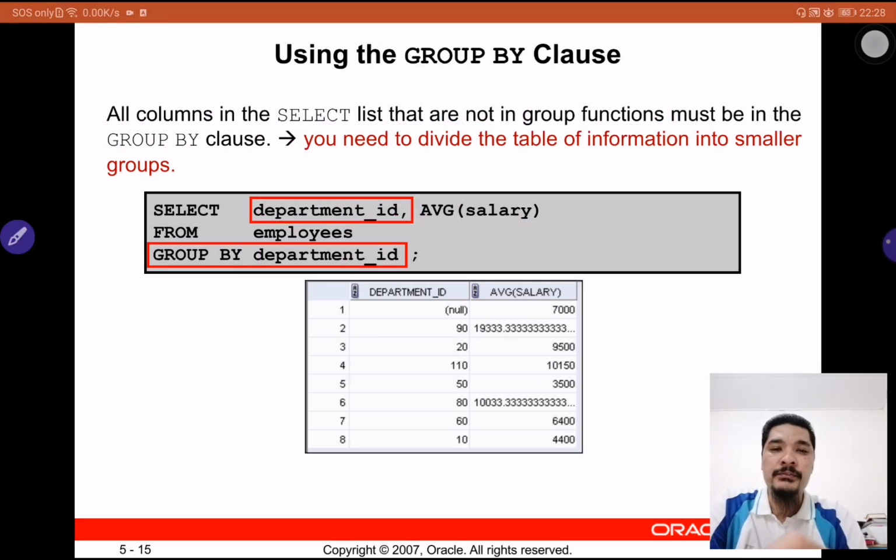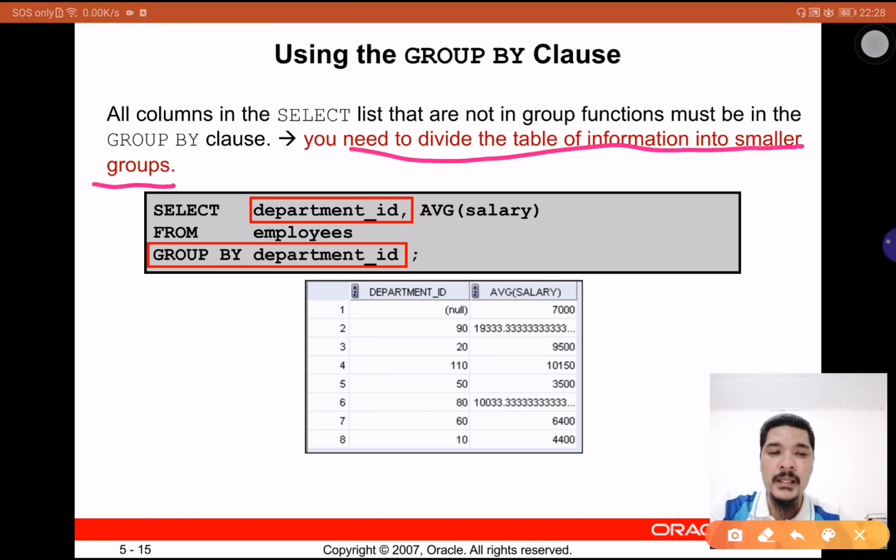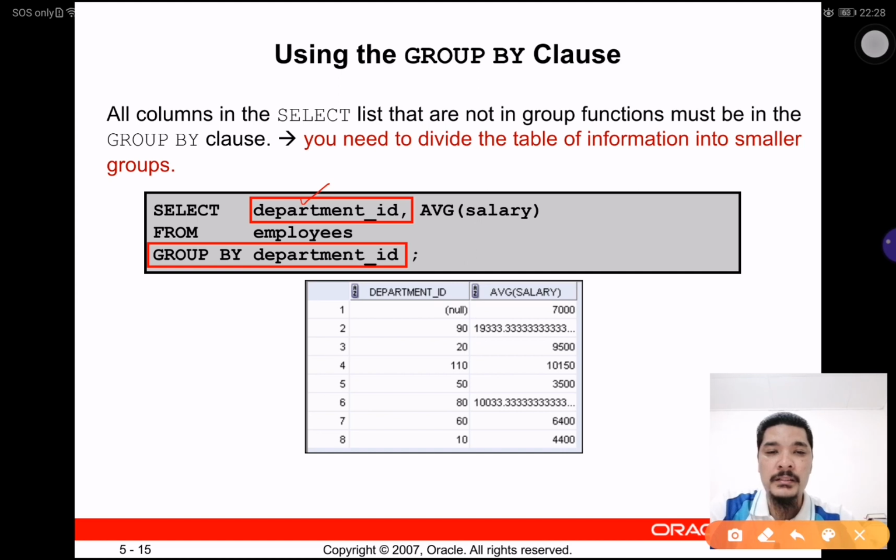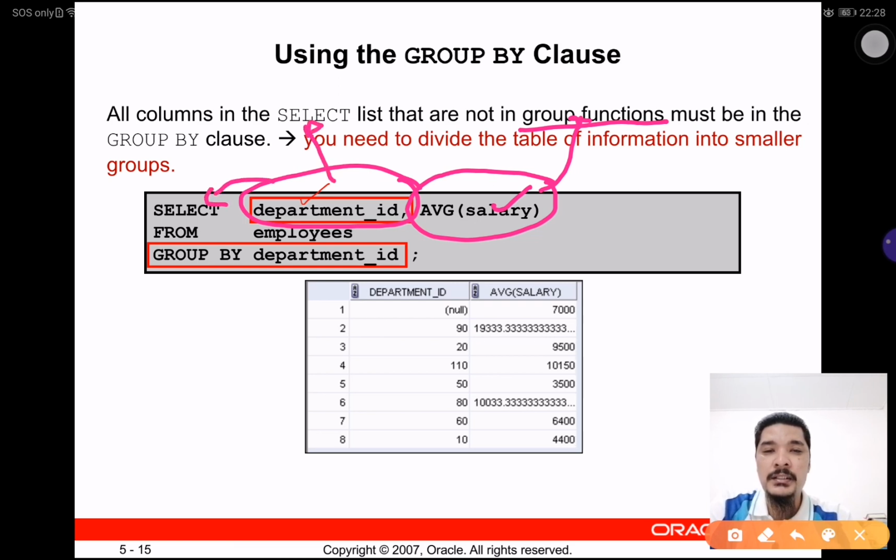Alright, you need to divide the table of information into smaller groups. So I repeat again. For this example, this is column department ID, this is column salary, right? So this column is a group function. Okay, clear. And this column is in the select list, but it is not in the group function.